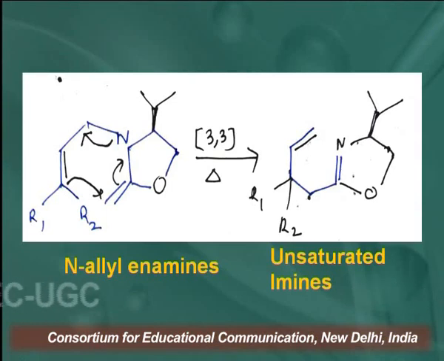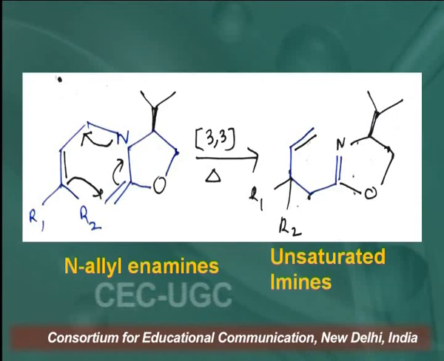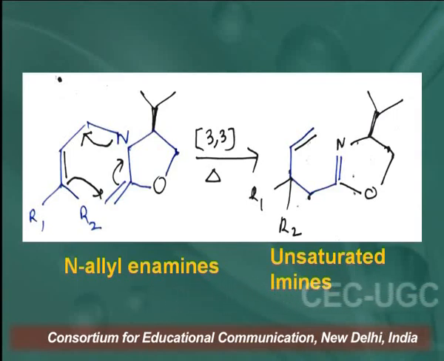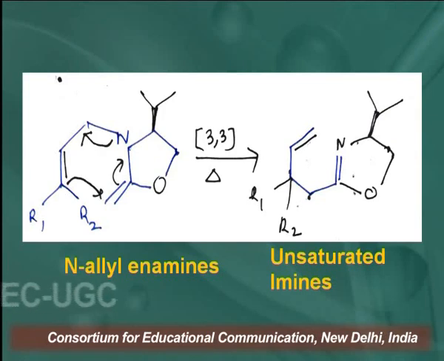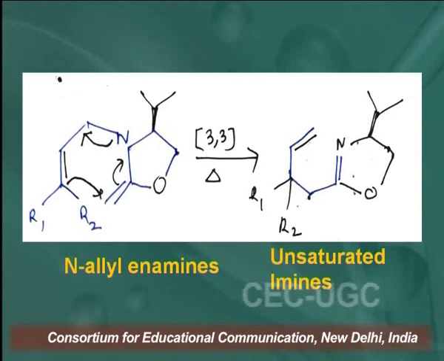On that enamine 3,3 migration takes place and we get unsaturated imines. So here C double bond N is an Aza group. So enamines change to imines, right? That's why we call it Aza-Claisen rearrangement reaction, right?